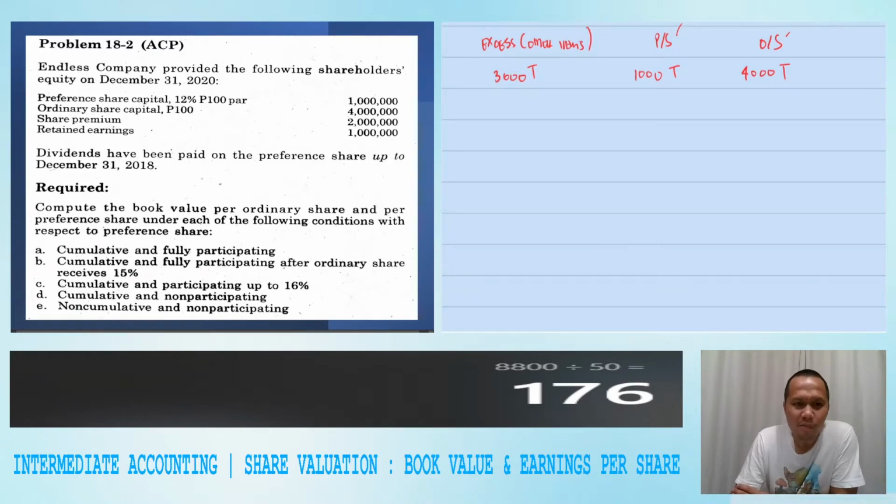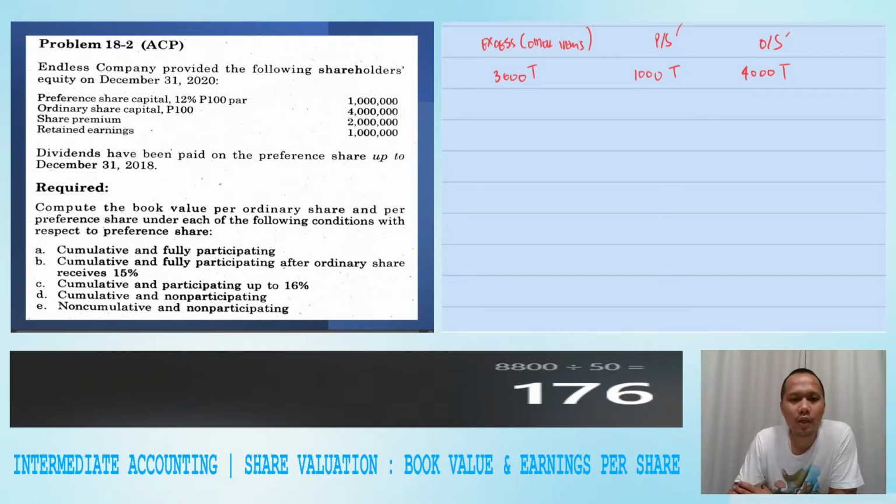Ngayon, first situation, what if the preference share is cumulative and fully participating? Okay? Fully participating. So ngayon, pag fully participating siya, tapos cumulative pa, meaning, yung dividends na marireceive ng preference share would include the dividends in arrears.